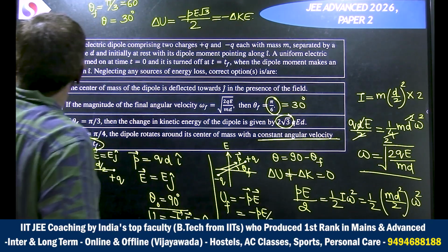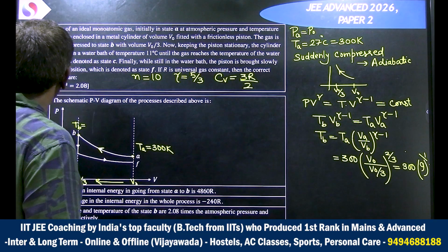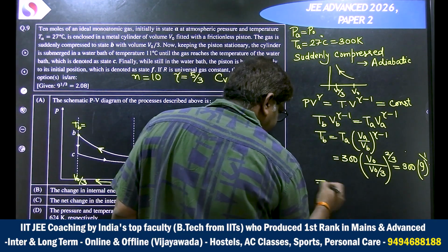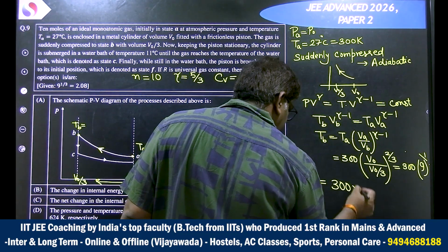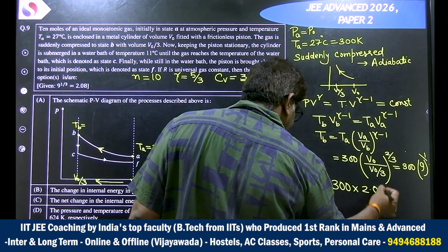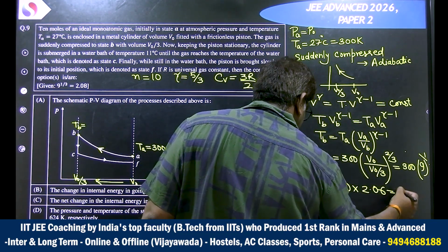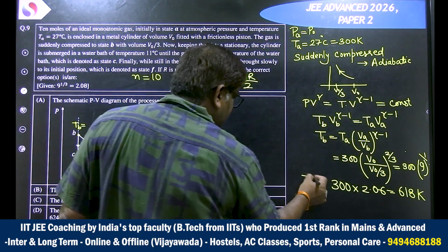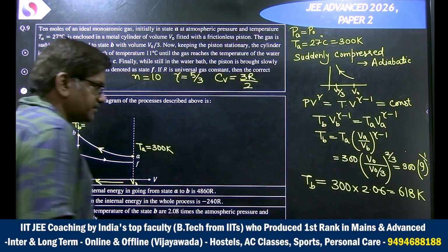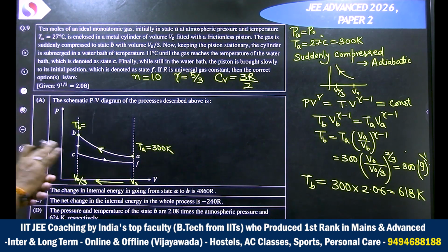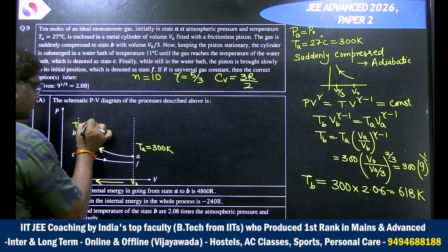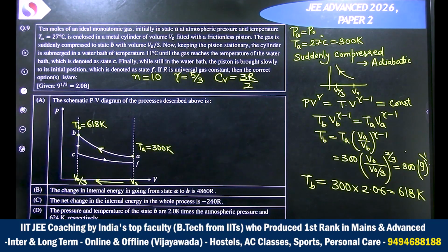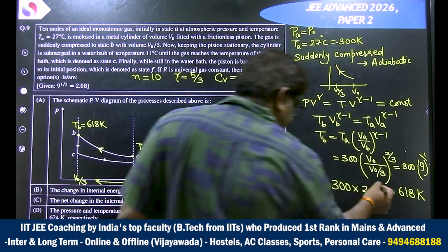So 300 multiplied by 9 to the power 1 by 3, which is given to you as 2.06, will give you 618 Kelvin. That means I got the temperature at B, which is 618. No, this is 2.08.